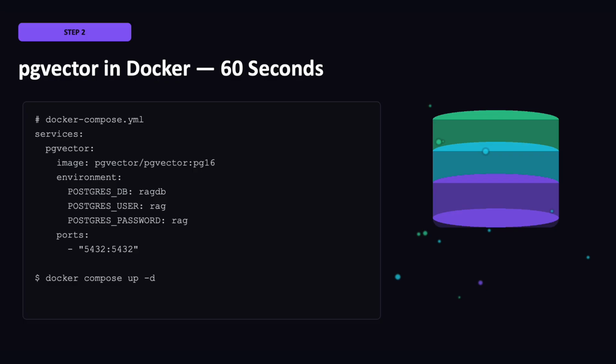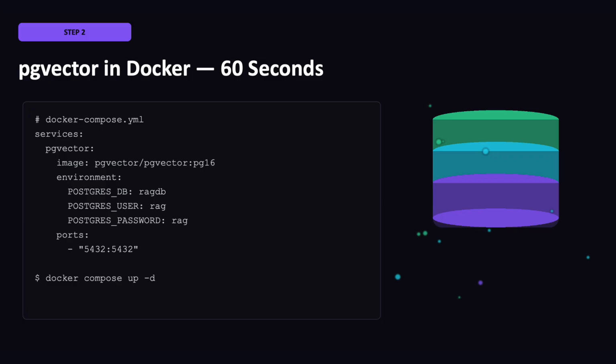Now, pgvector in Docker. One YAML file, one command, and you have a production-grade vector database running locally. Here's why this matters in the real world. A lot of companies, just Google scale once, already run PostgreSQL for their normal application data. pgvector means they don't need to adopt a brand new piece of infrastructure like Pinecone just to add AI search.